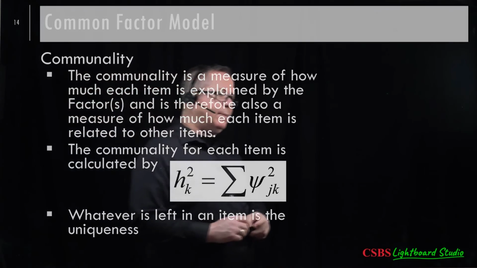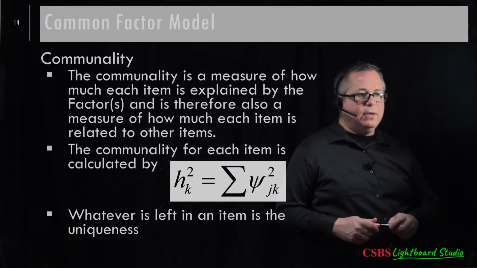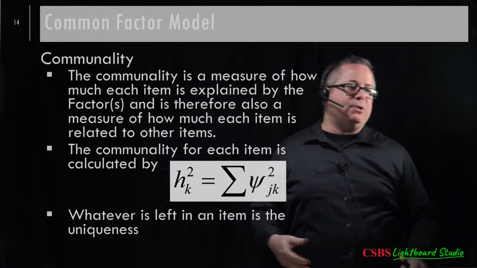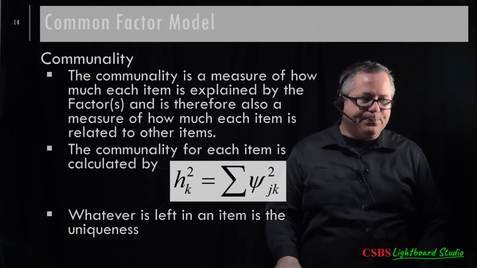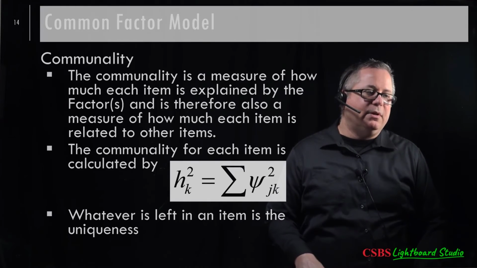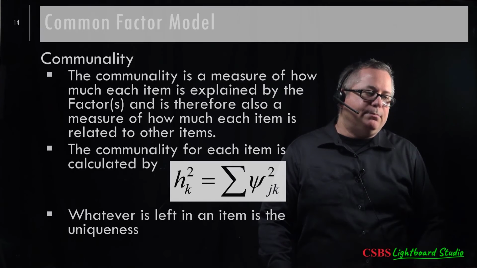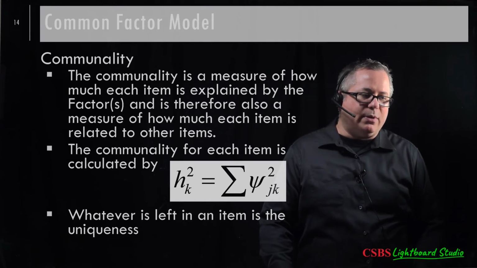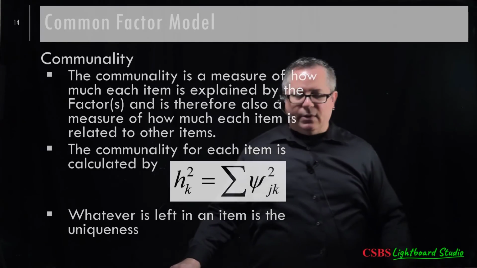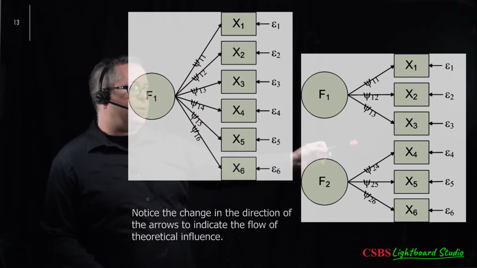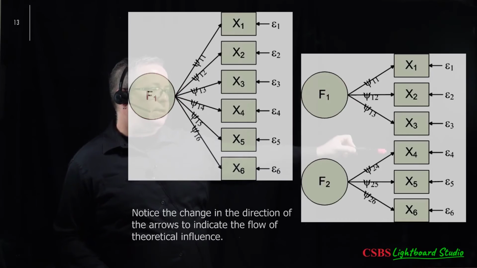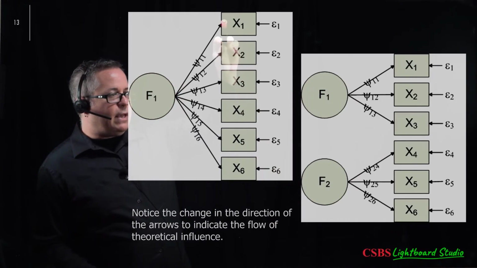And the way that the commonality can be estimated is, again, a measure of how much each item is explained by the factors, and therefore a measure of how much items relate to each other. So it's both of those things simultaneously. The commonality for each item can be calculated by squaring and summing up the loadings. In this case, because there are no cross-loadings, meaning no item has both factors predicting it, the commonality for, say, item number 1 would be just taking the loading and squaring it.